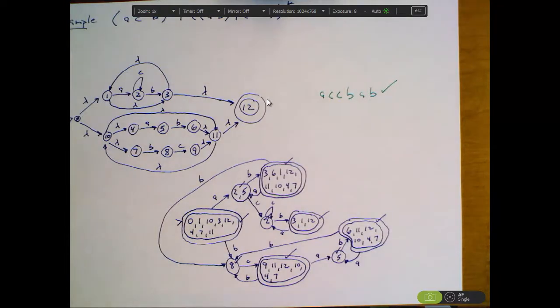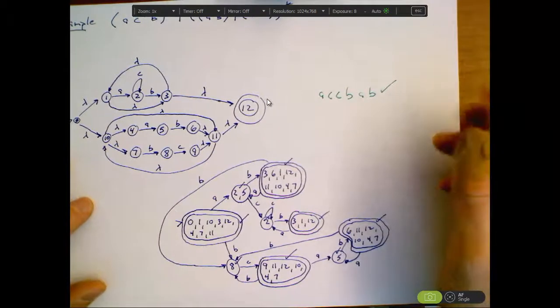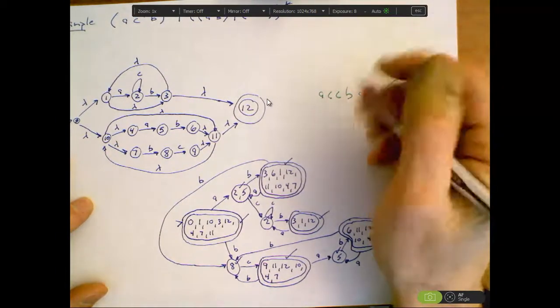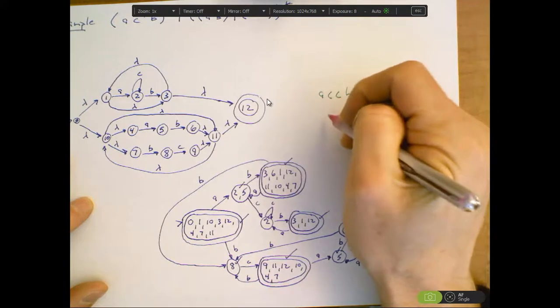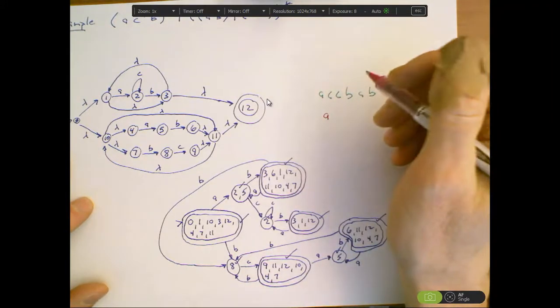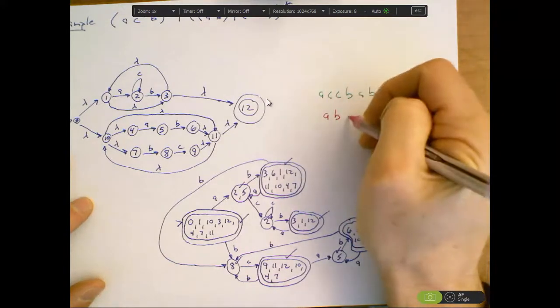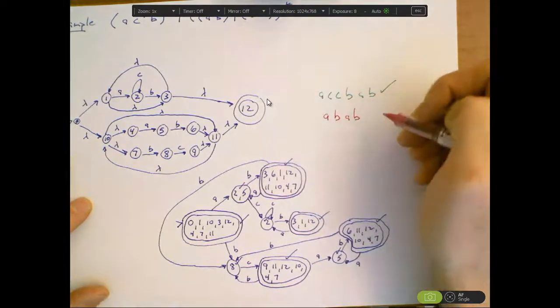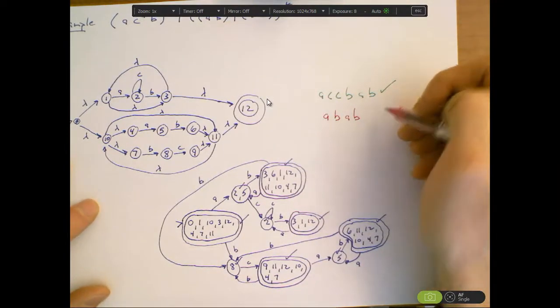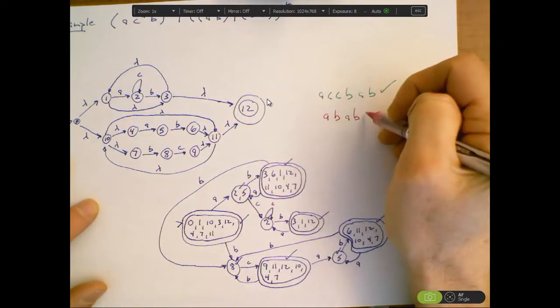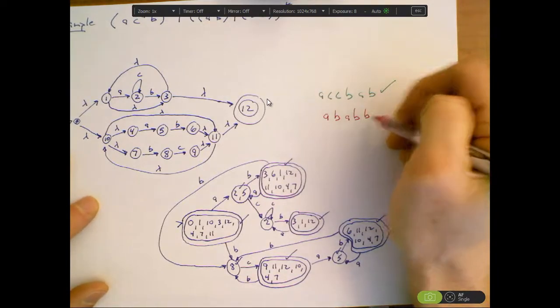How about another one? So how about start out with an A, do an AB, do an AB, and then do a BC.